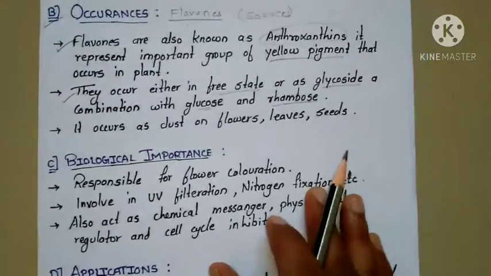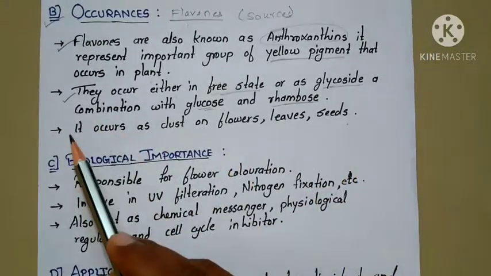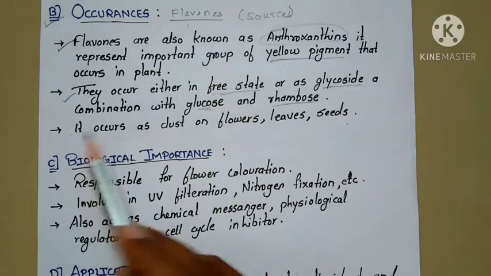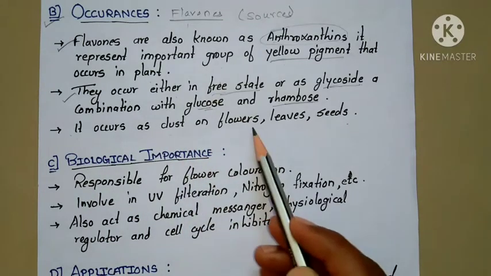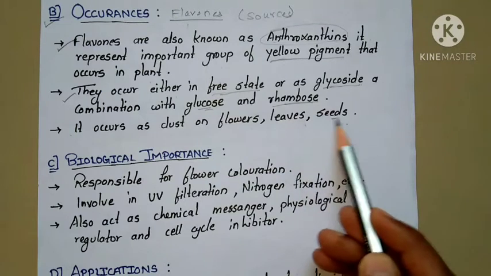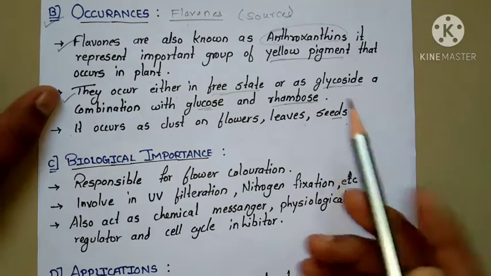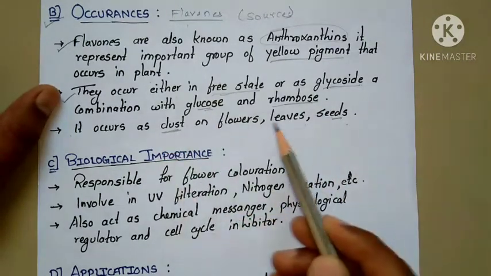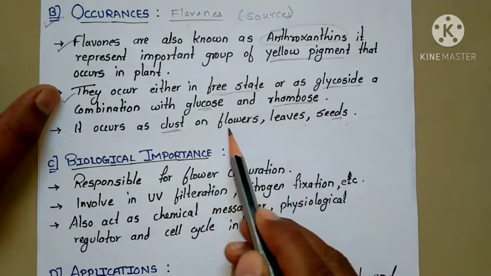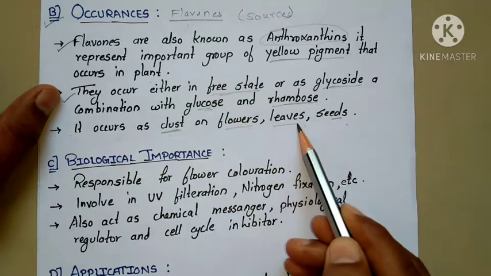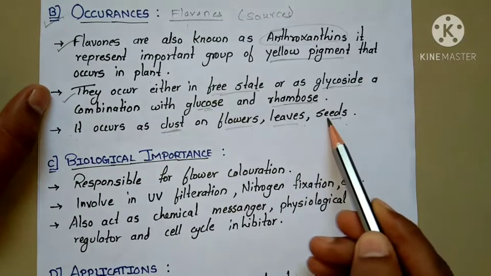Then the next occurrence is that they occur as dust on flowers, leaves and seeds. That means in dust form you will get flavones on flowers, leaves of trees, and seeds.